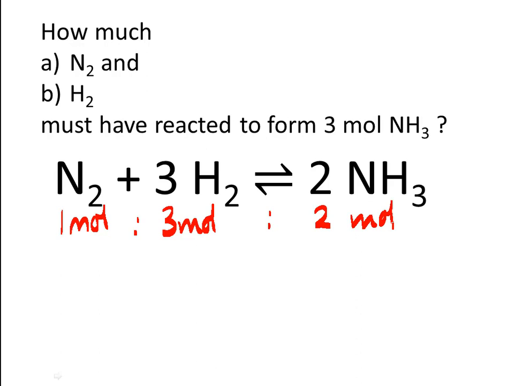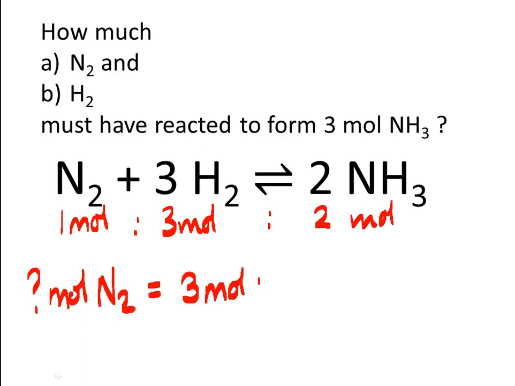That's the reaction ratio. And we can apply that reaction ratio to this particular question. So we ask ourselves, how many moles of nitrogen were needed to react to form 3 moles of ammonia? So that's our particular question.